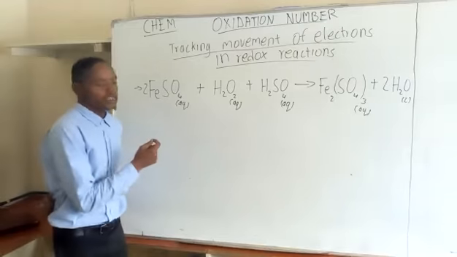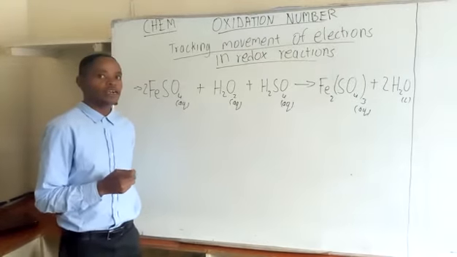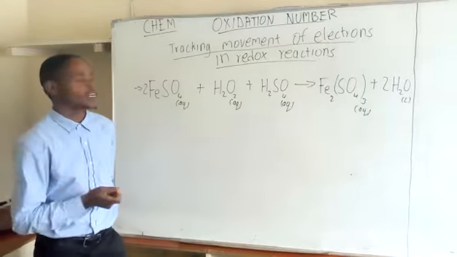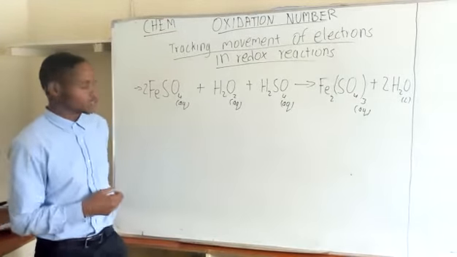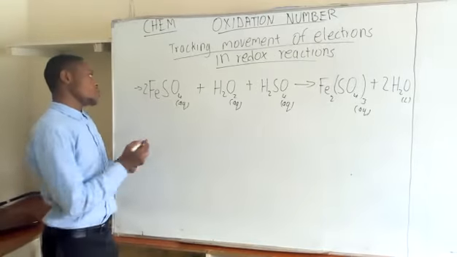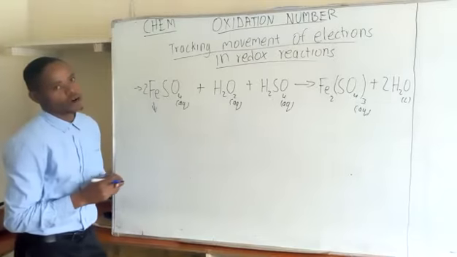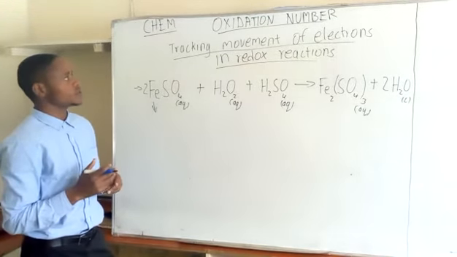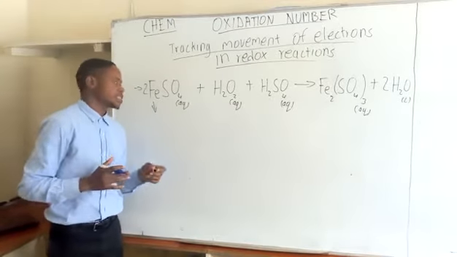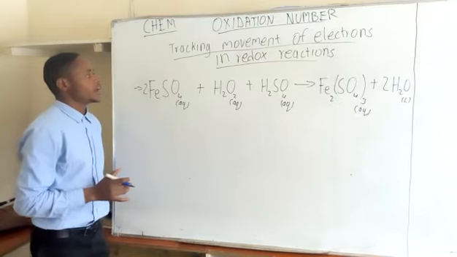So this is a redox reaction, and we're going to use the oxidation number to identify the species that have been oxidized and those that have been reduced. To make it easier, it's always important to use an ionic equation if possible.